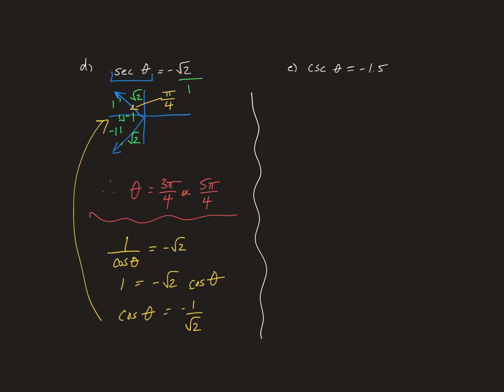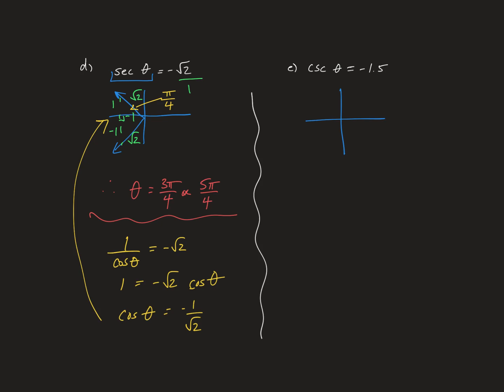Okay, let's take a look at E for a second. A couple things that we could work through is that we could say, I want to be as efficient as I can be, and since my trig ratio is isolated, I can jump right into my rotation angle. I have cosecant. Cosecant is the reciprocal of sine.